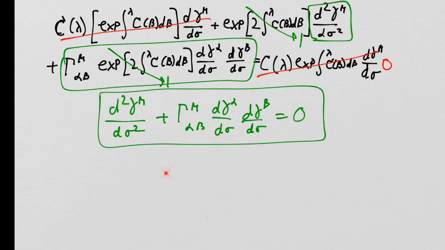By the way, I got to say that gamma, remember gamma mu alpha beta, is a function of space-time. That always remains a function of space-time. But since you're on the curve, the only relevant points that are going to matter are gamma of lambda, right? Gamma of lambda, that is the curve that you're on.